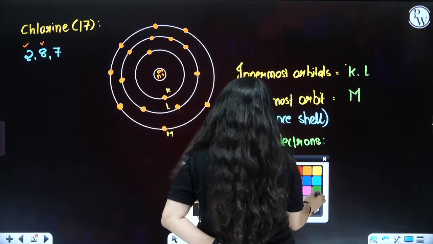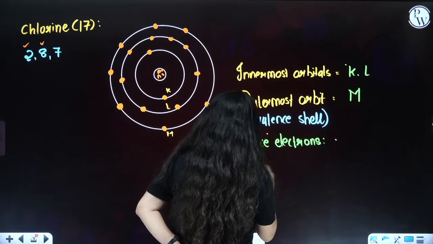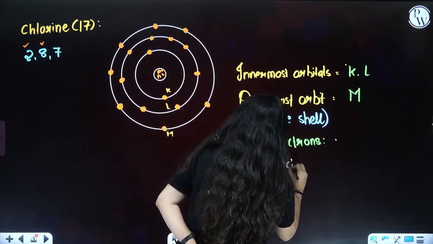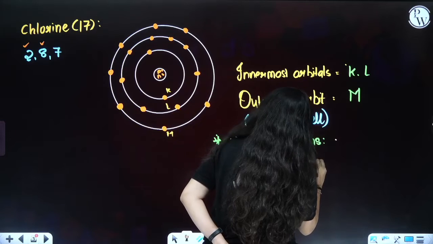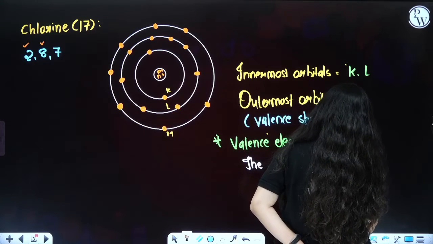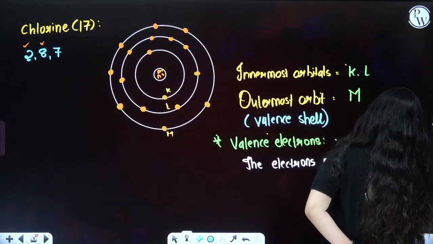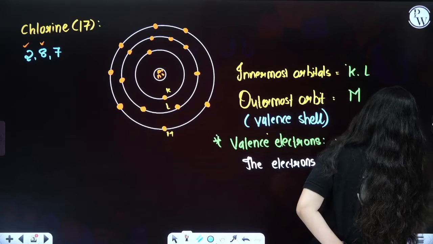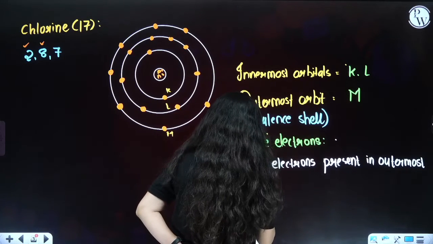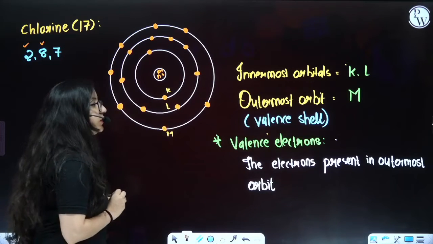The electrons present in the outermost orbit are termed valence electrons.